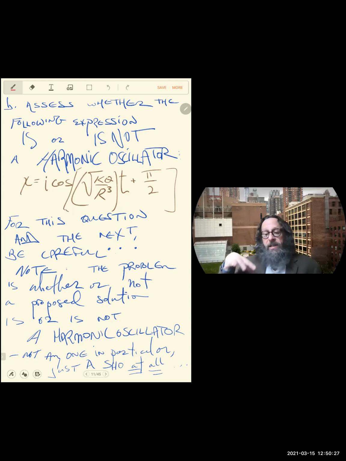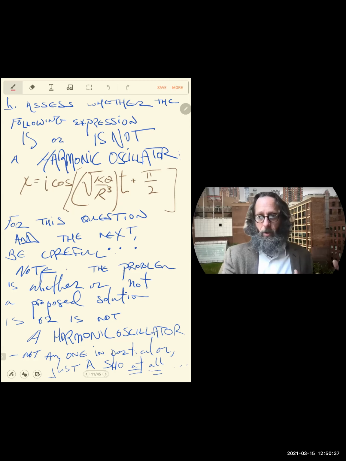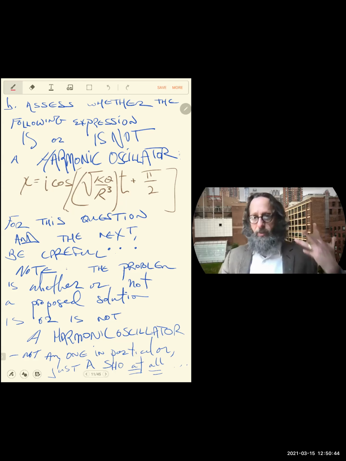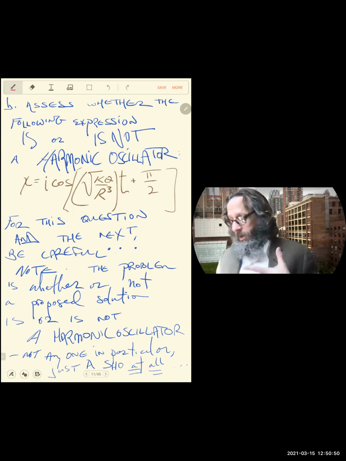And remember, it doesn't necessarily have to be a harmonic oscillator with a particular constant or a particular phase or particular anything. As long as you can show that this expression, when differentiated twice, does produce the differential equation that is harmonic oscillation, then you've done your job. So that's what we're going to do here.